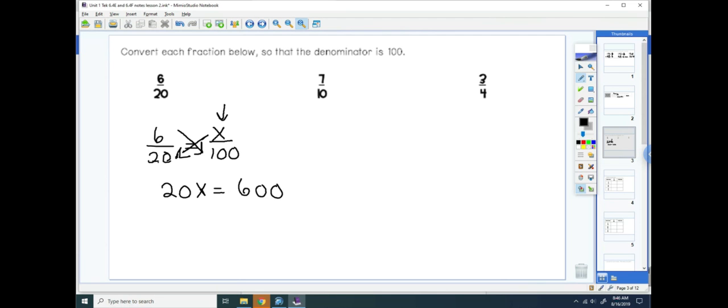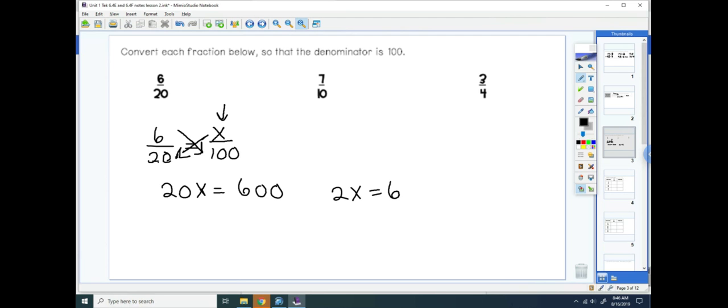So what I'm trying to figure out is, what can I multiply by 20 to get to 600? Well, let me give you a simpler problem. What if I gave you the problem 2x equals 6? What can I multiply by 2 to get 6?